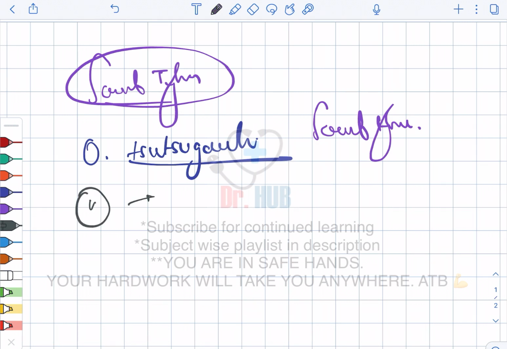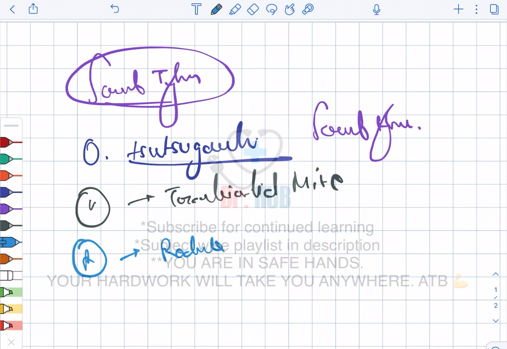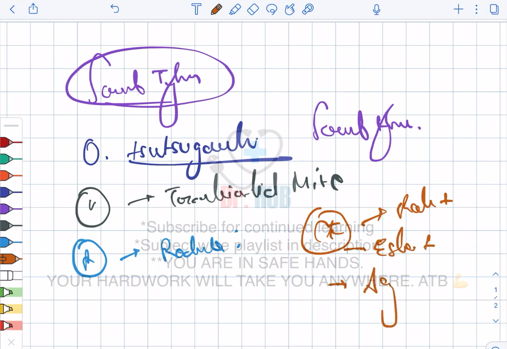And next, looking at the vector, the vector includes the trombiculid mite. And moving on to the reservoir, it is the rodents. And the clinical features include the rash, the eschar, and the atypical lymphocytes.